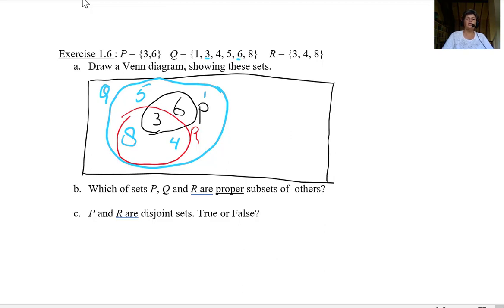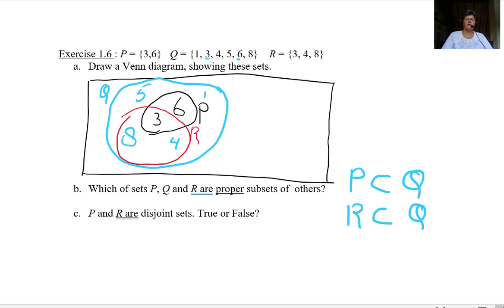Well, if we look at the black one, that's in the center, and it's completely surrounded by the blue one, and there are elements outside P which are in Q. So we can say that P is a proper subset of Q. And also the red one is completely inside Q. So R is also a proper subset of Q, because also elements outside R are inside Q.